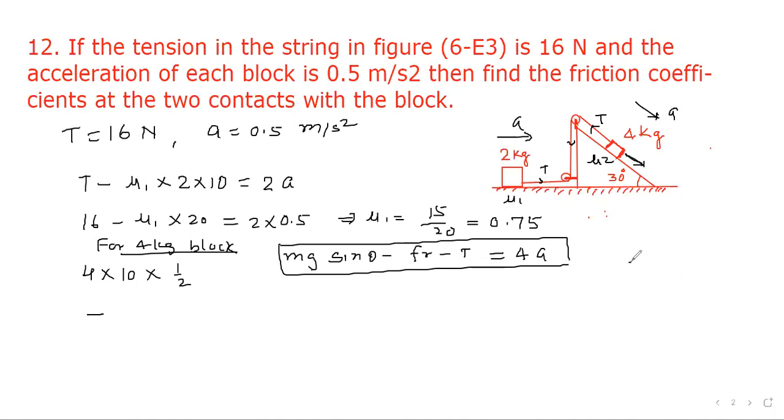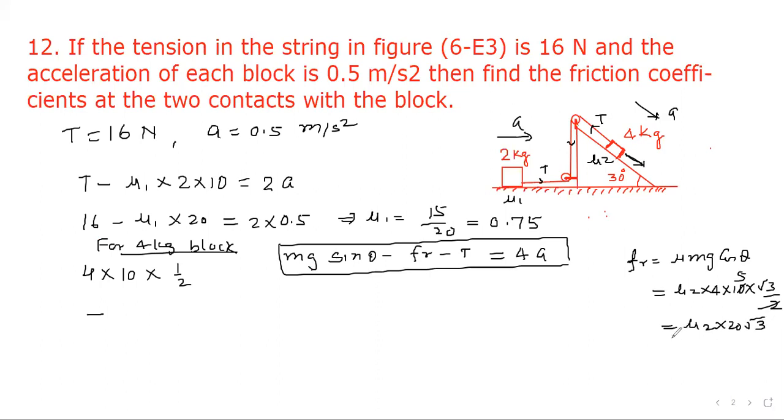Friction in this case will be Fr equal to mu mg cos theta. Here mu2, m is 4, into 10 into cos 30 degree, root 3 by 2. This will cancel out. So mu2 into 20 root 3.